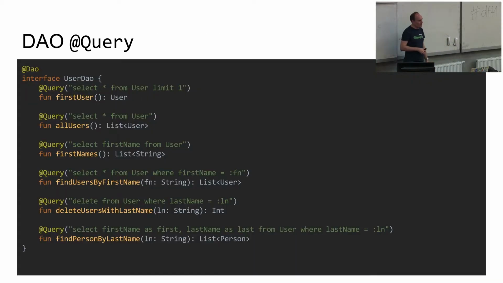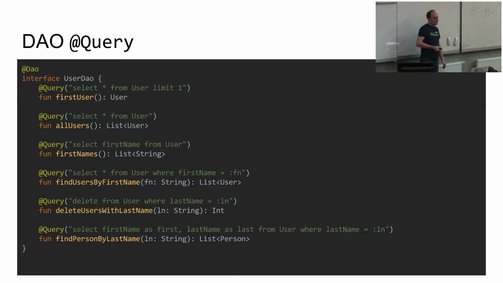This is an example in Kotlin for a DAO, and we're using the query annotation here. But as you can see, it's pretty simple to define. It's pretty similar to things like Retrofit, as I mentioned. You annotate your interface with the DAO annotation, and then you just have methods that express what you want to do with your data.